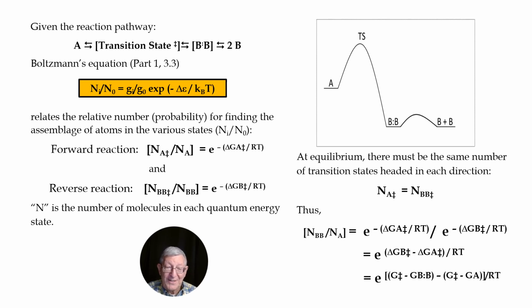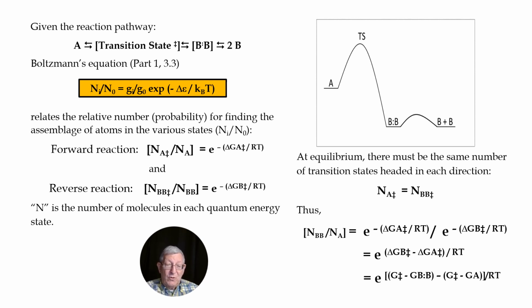Now, once you set that up, you can go back over and rearrange those two equations to the left of that, and then solve for NA double dagger and NBB double dagger.